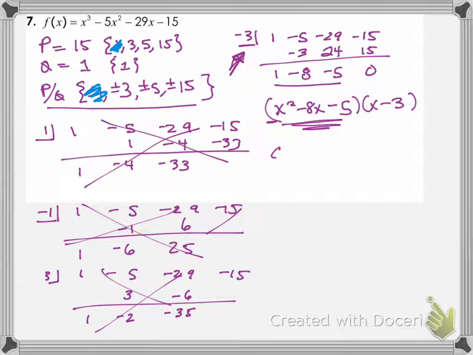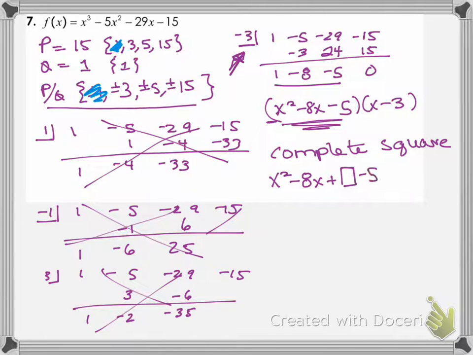So try to remember how to complete the square. If you don't know how, you need to look this up. So it would be x squared minus 8x plus what makes a perfect square, and then keep the minus 5. You're going to have to take away what you just added.